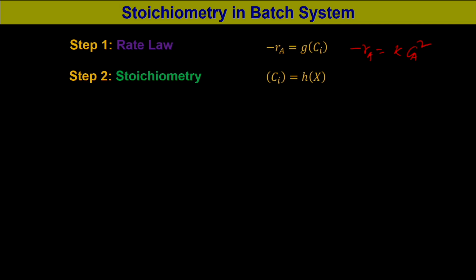First, we know the moles which are reacting, so we need to write moles in terms of the concentration. If we divide by the volume of the reactants, it will give the concentration. So, the concentration of A would be Na divided by the volume, which is per unit volume.